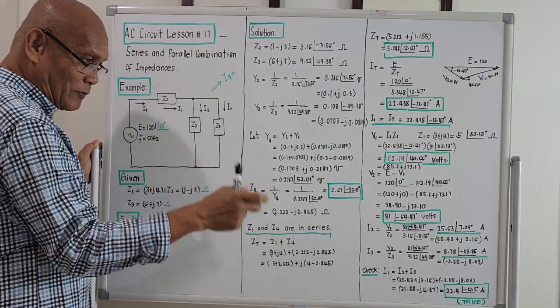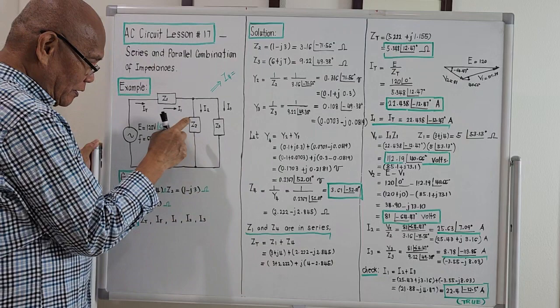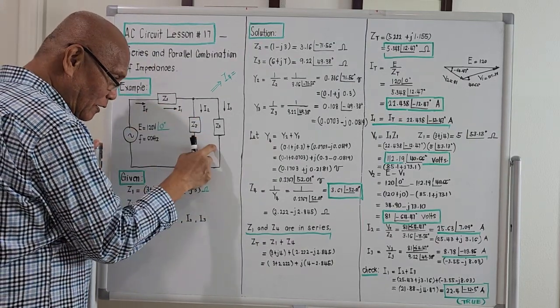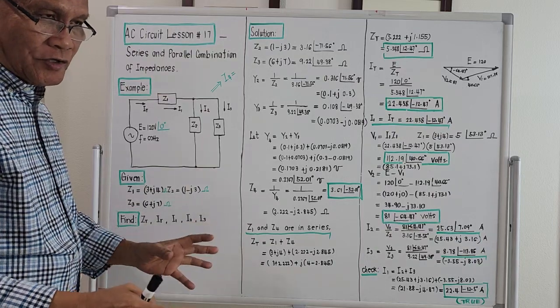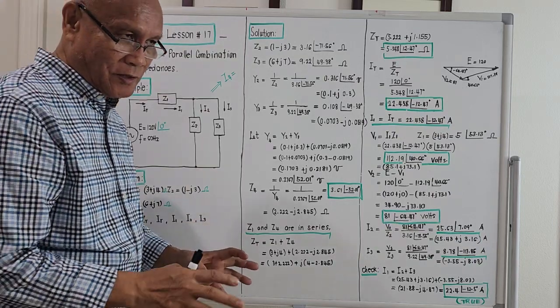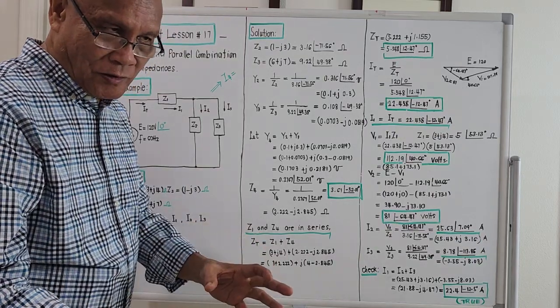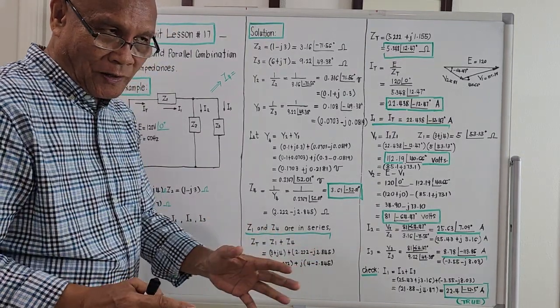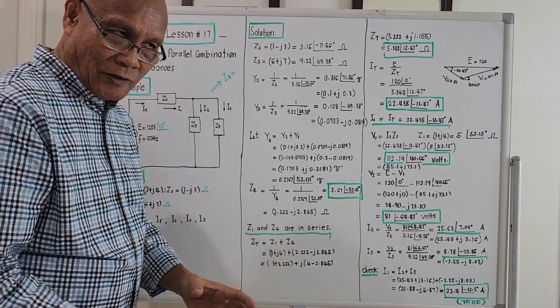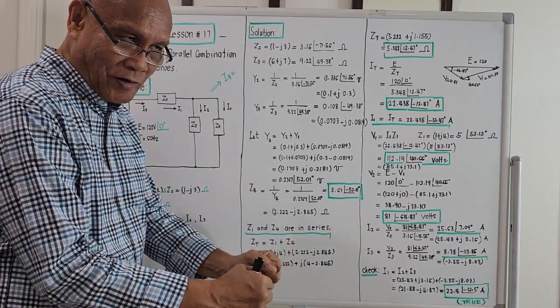That's why our topic for tonight is the series-parallel combination. At least you know how to evaluate series impedance and parallel impedance. If they are connected in series, you just add them, right?